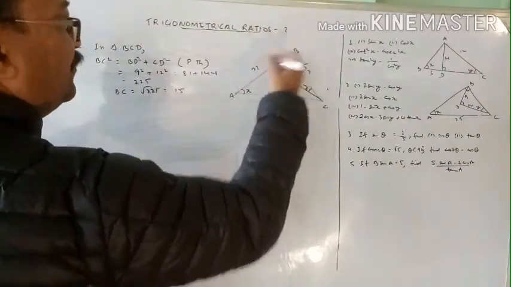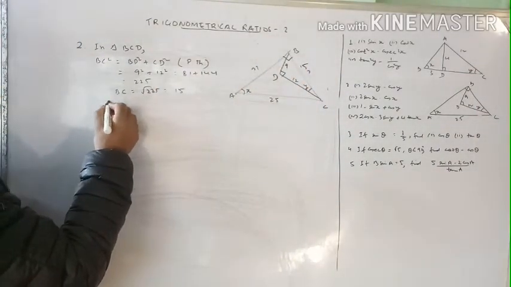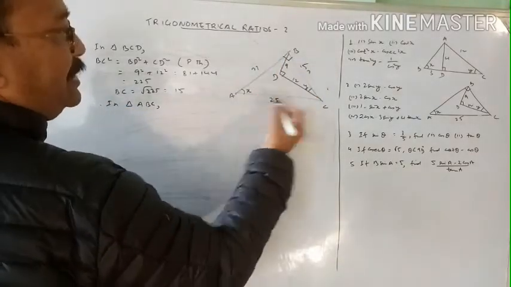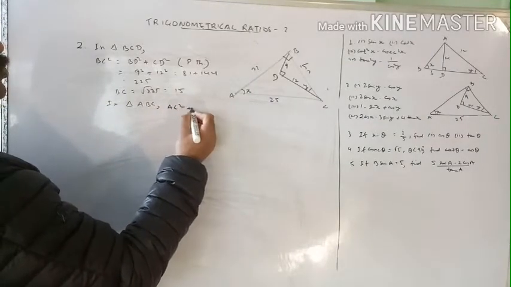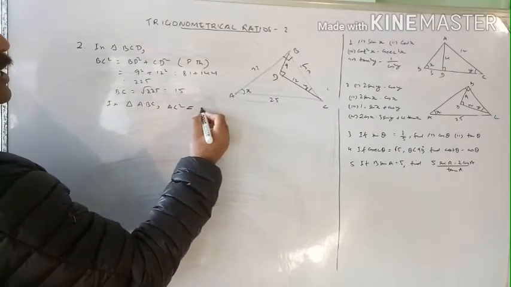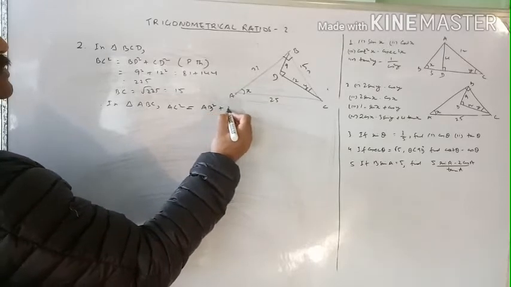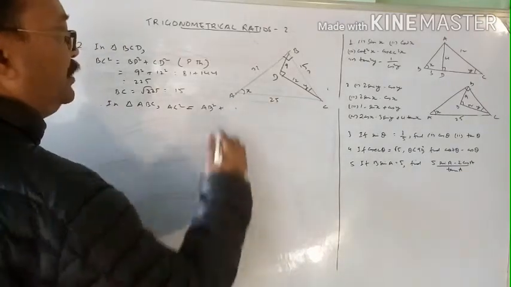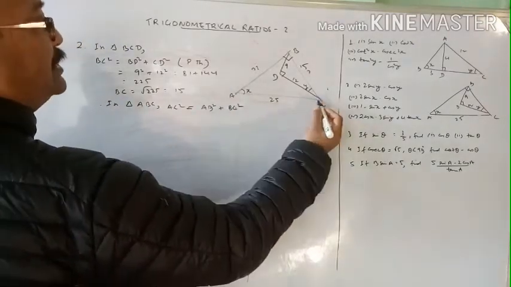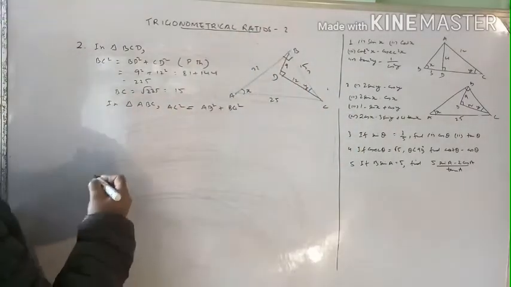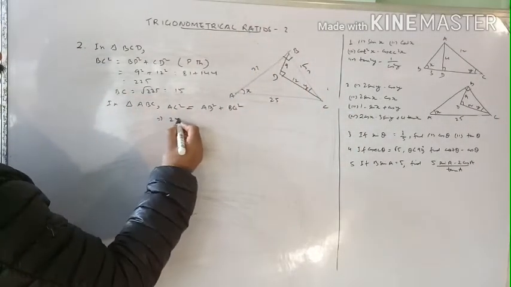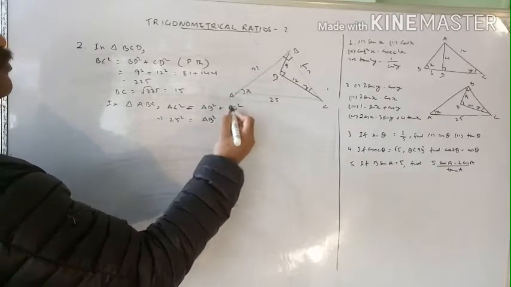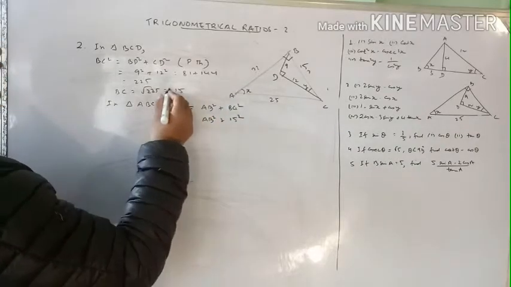Now we know two sides, we can find out AB. In triangle ABC, this is the right angle, so the longest side is AC. So AC square is equal to AB square plus BC square. AC we know is 25 square, equal to AB, which we don't know so write as it is, plus BC square, BC equal to 15.